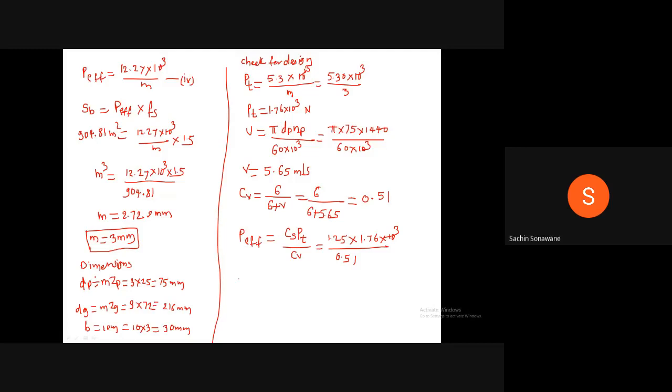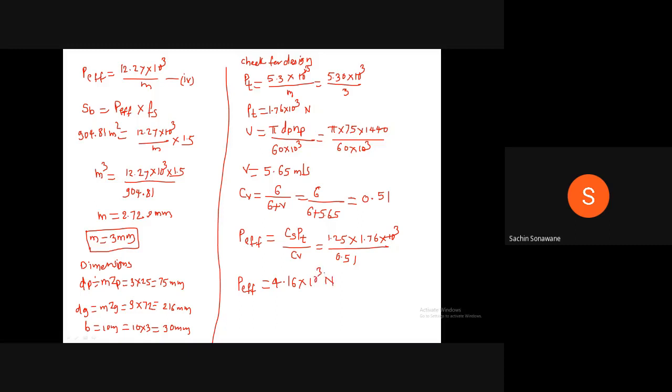Calculate P effective. What is the value of P effective? It is 4.16 into 10 raised to 3 Newton.